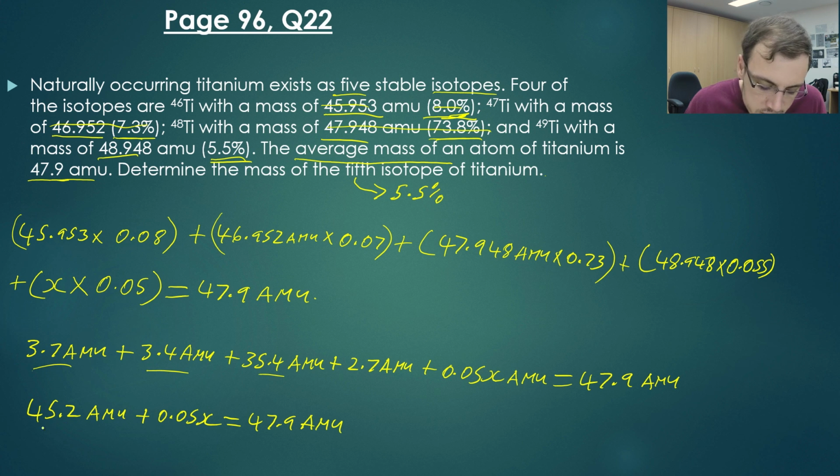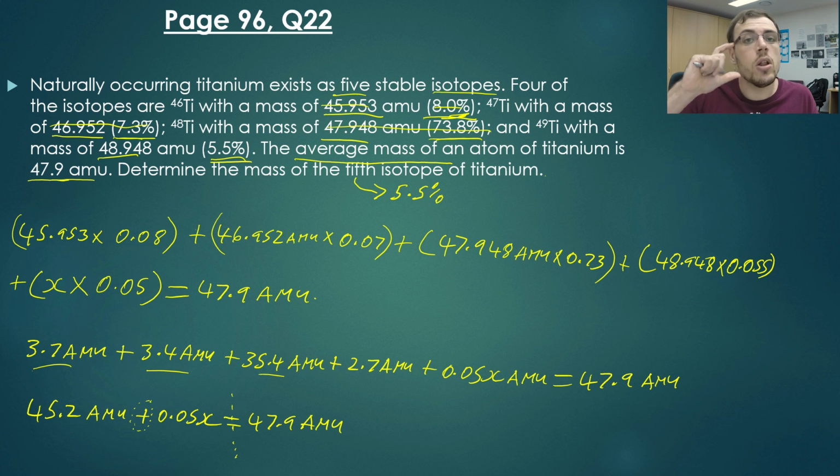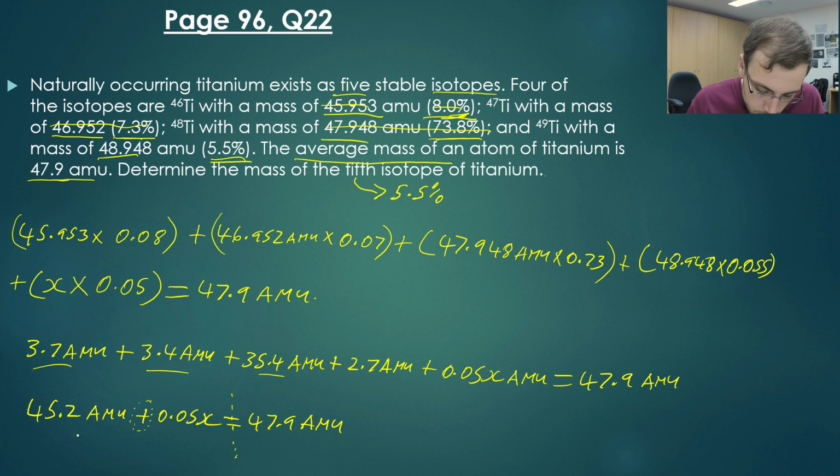What is the relationship between 45.2 and 0.05x? The relationship is a plus. So if we move this 45.2 to the other side of the equal sign, that plus is going to turn into a minus. As you move it over to the other side, the mathematical operation will swap. So it will go from a plus to a minus.